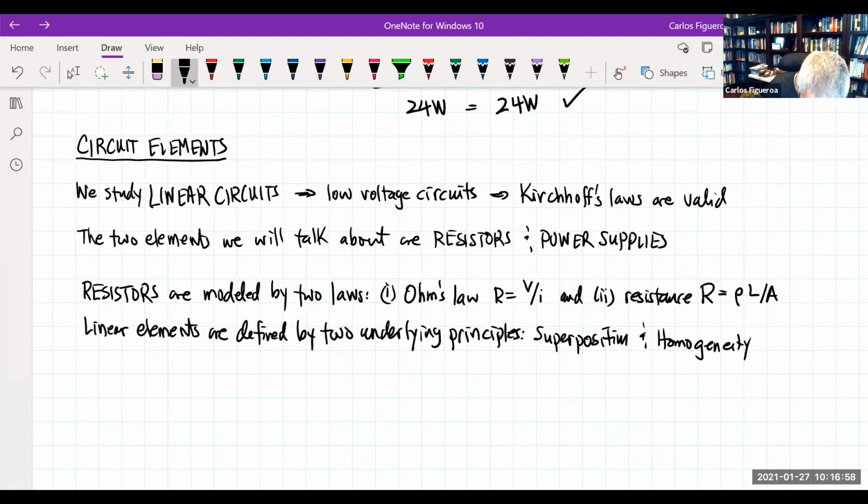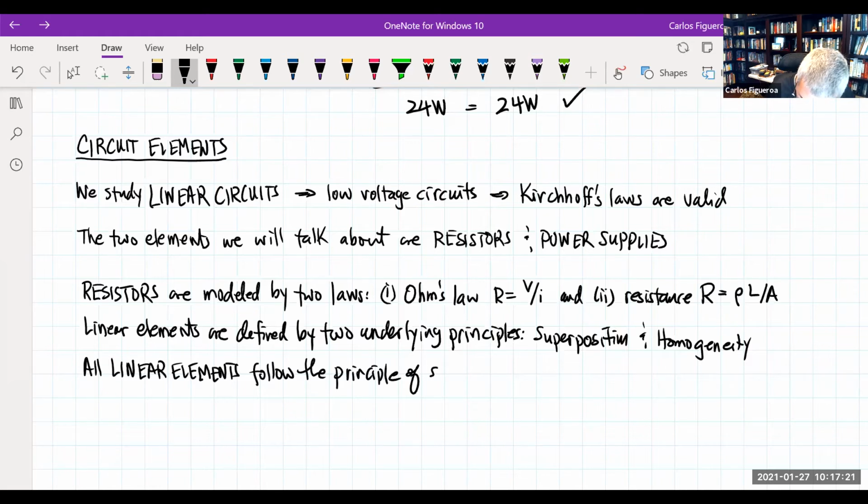So when I look at superposition, here's what it is. All linear elements follow the principle of superposition.